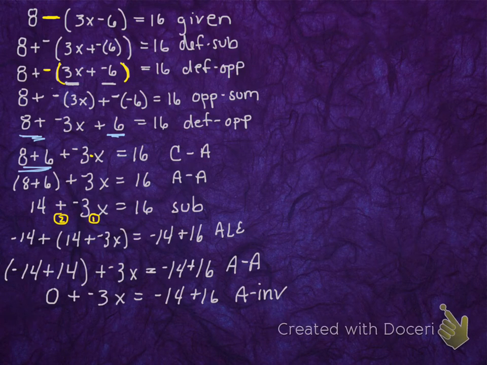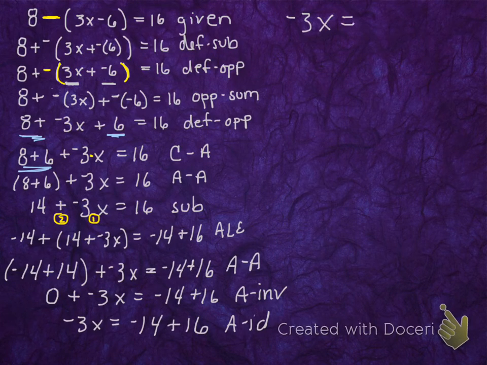And then 0 plus negative 3x, just giving me negative 3x, is the additive identity property. All right, so then just kind of transferring up to the top of the page here, I'm going to take care of the adding on the right-hand side. So I'm left with negative 3x is equal to 2. And that would just be substitution.